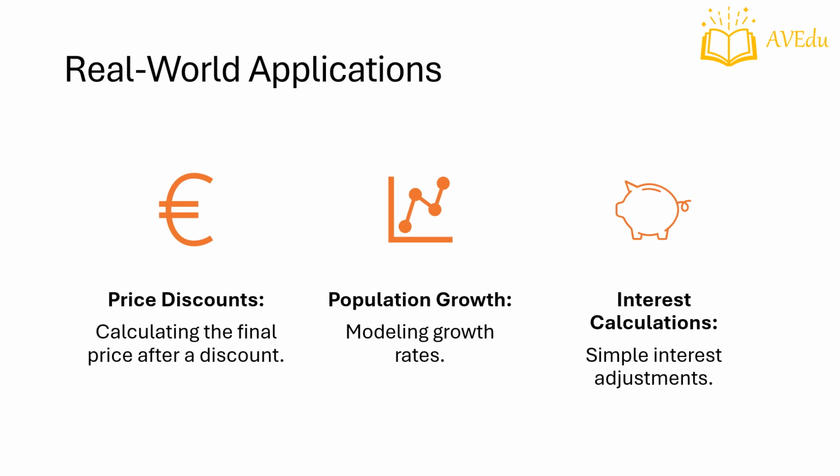So moving on, we looked at how to calculate the final value, or the new value, when x is either increased or decreased by y percentage. Where is this useful? Let's understand where it is applicable in real-world applications. Suppose you want to calculate a price discount. Imagine a product originally priced at x and a discount of y percentage is applied.